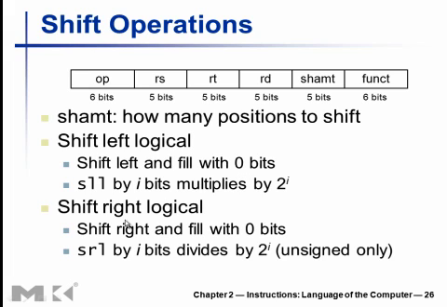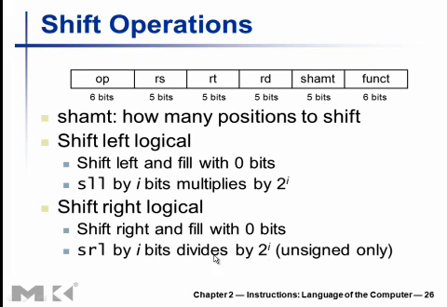Shift right logical: shift right and fill with zeros. When you shift right an operand, the leftmost bits are filled with 0. Shifting right 1 bit is equivalent to dividing by 2, 2 bits divides by 4, 3 bits divides by 8, and so forth.